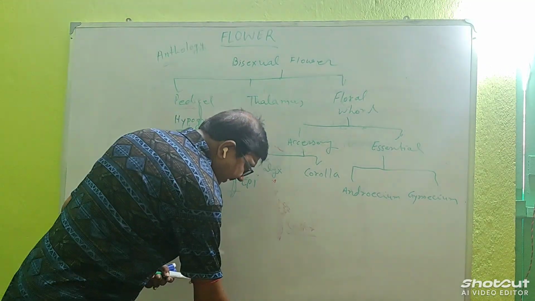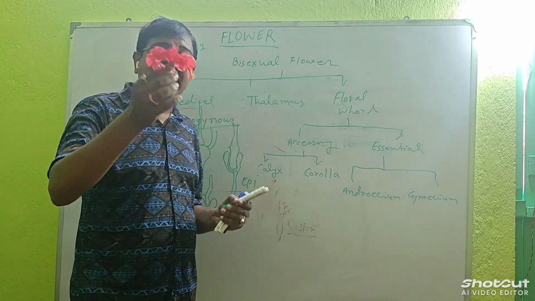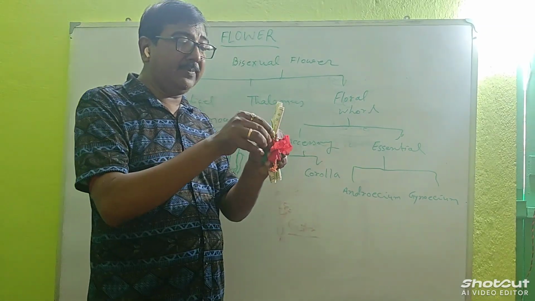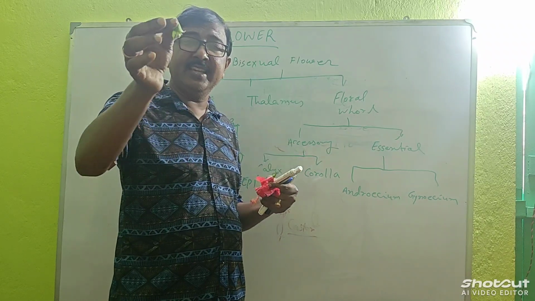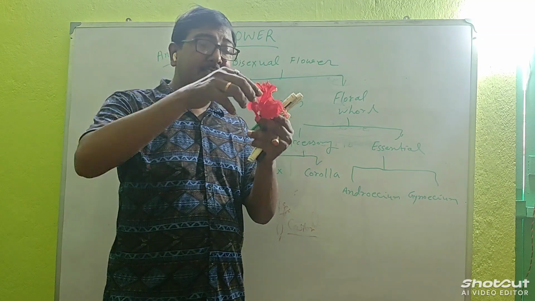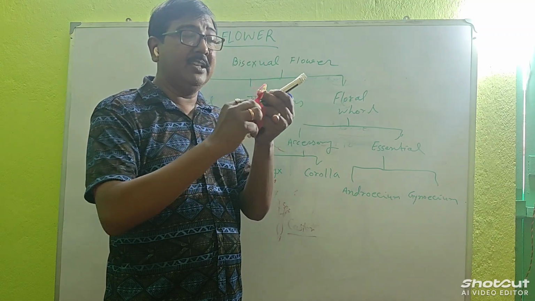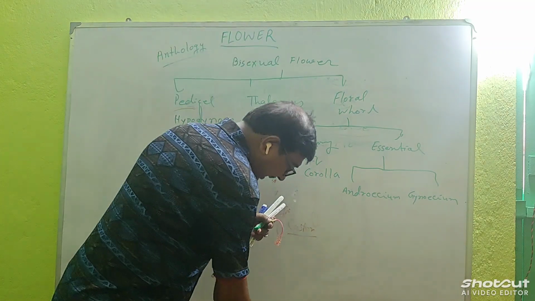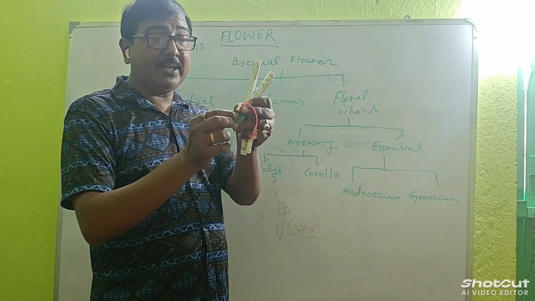I'm telling again, this is a complete flower. The first part is the calyx, and after that these are the corolla. This lower portion is called the pedicel, and the upper part is called the thalamus.